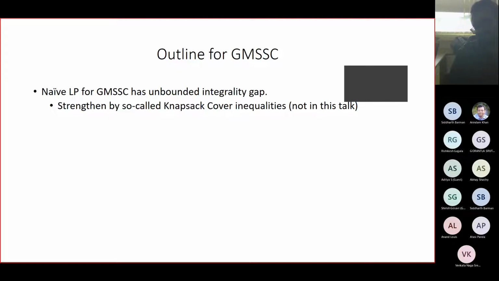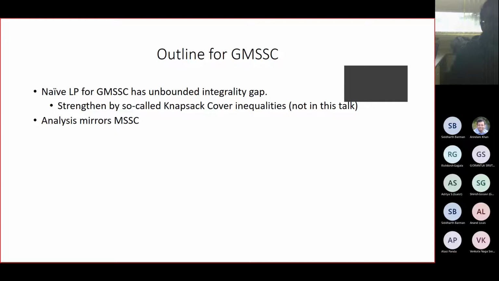So these are very interesting and simple inequalities. They have found lots of applications in many problems. I encourage you to look them up. And once you add these knapsack cover inequalities, then the rest of the analysis is very similar to min-sum set cover.